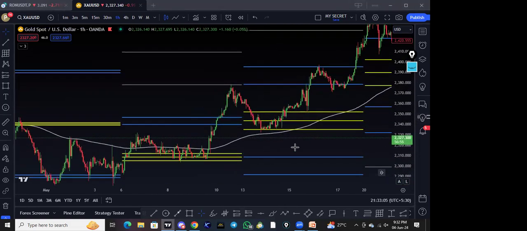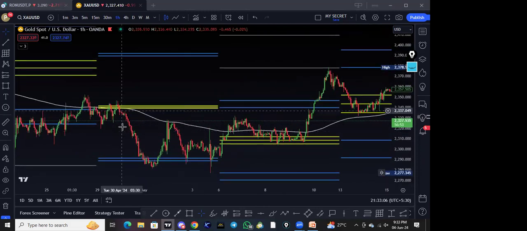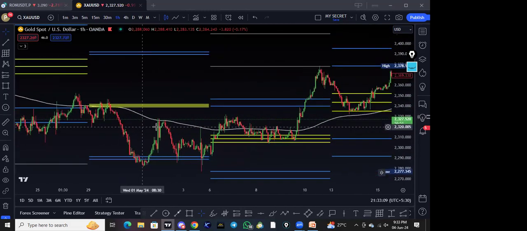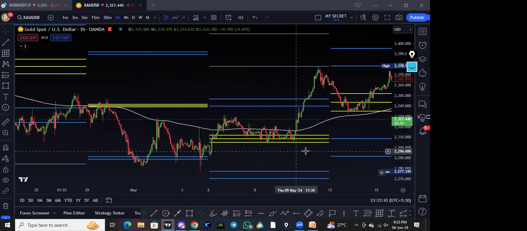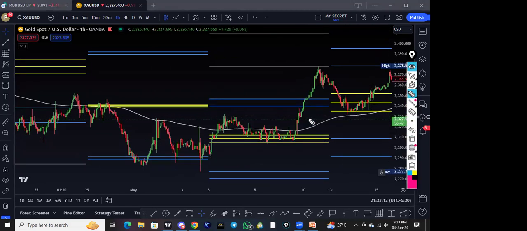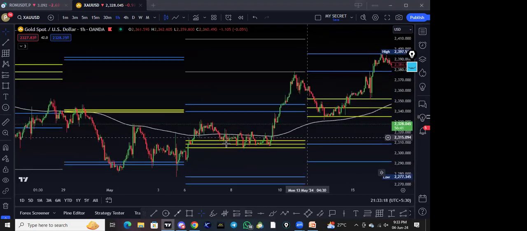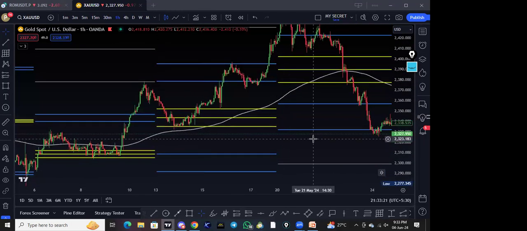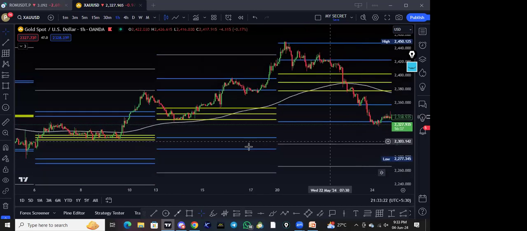So because of this 200 moving average, we get a clear direction. Not only that, when we are above the 200, we look for long positions. The weekly and the 200 will travel together most of the time.